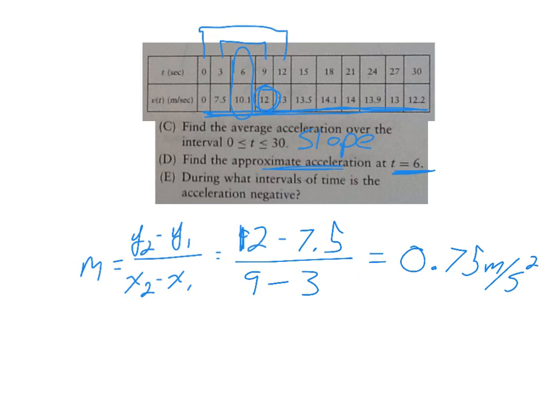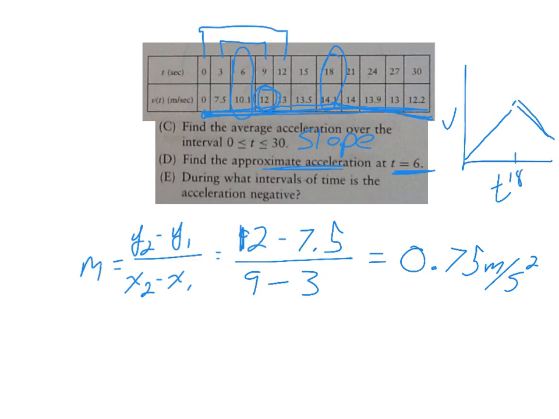Last part of this one, during what intervals of time is the acceleration negative? Acceleration is slope, and if we look at this, we can kind of see, like I said before, we're increasing all the way to 18 seconds. After 18 seconds, our graph starts to decrease. So a quick little sketch of velocity-time. We are increasing up to 18 seconds, and after that we're decreasing.